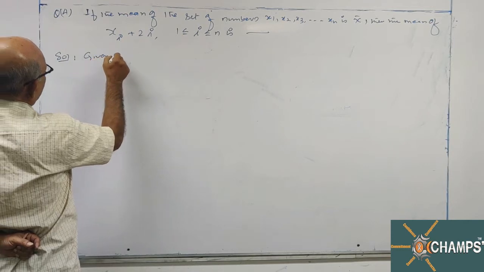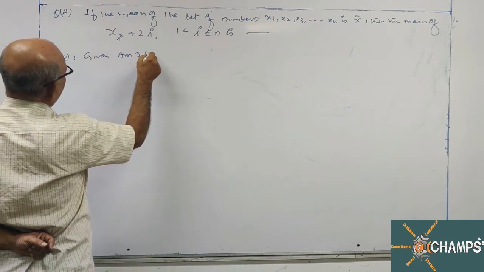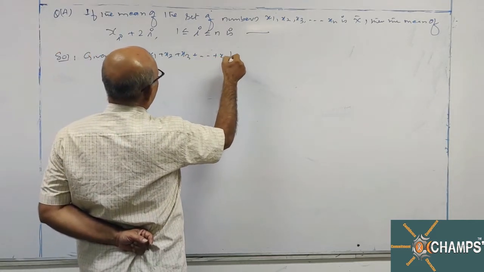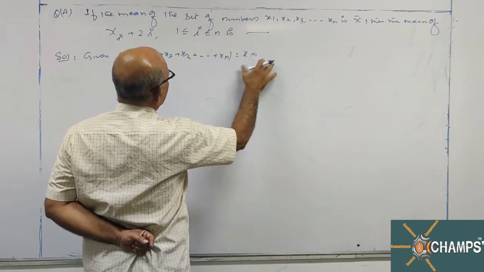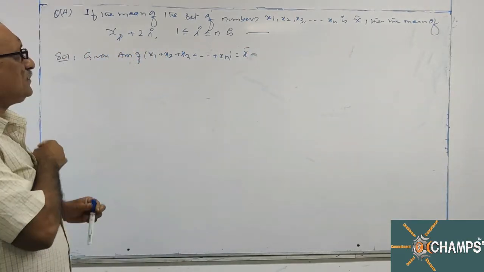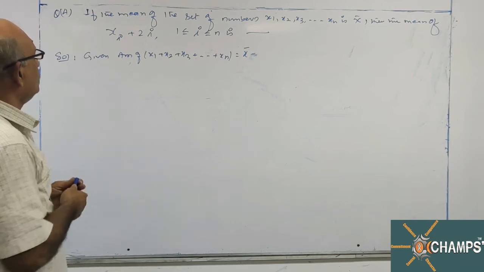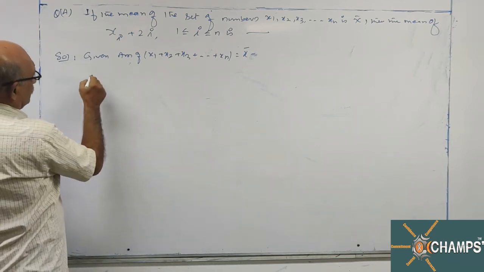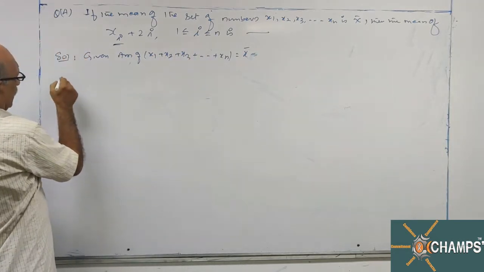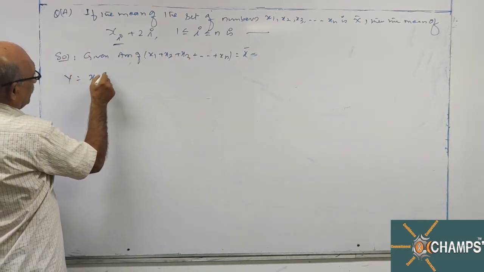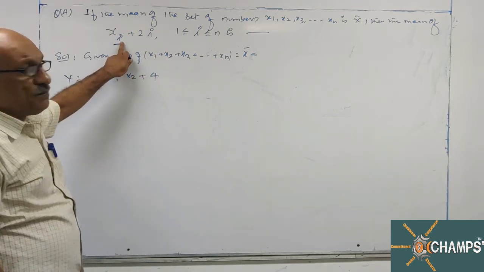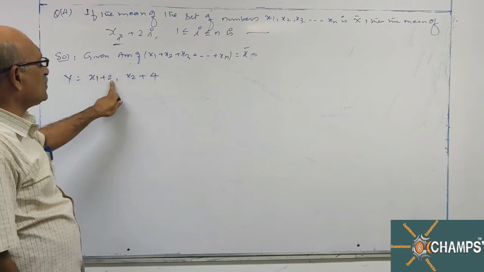Given arithmetic mean of x1 plus x2 plus x3 plus etc plus xn is x bar. Now here I'll replace i with 1 to n. Y is equal to x1 plus 2, x2 plus 4. When i is replaced with 1, x1 plus 2.